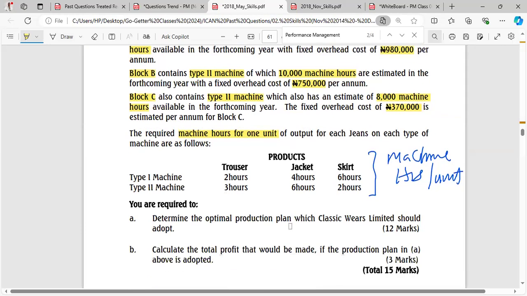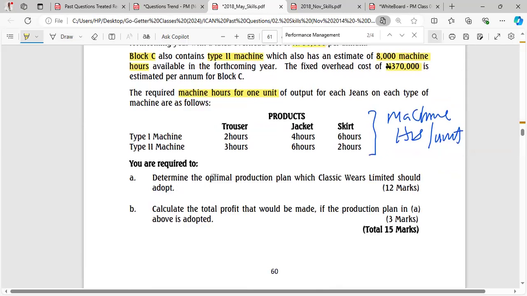Now, the first thing to do here is you are required to, one, determine the optimal production plan which Classic Wares Limited should adopt. Then we have to calculate the total profit that will be made if the production plan is adopted.